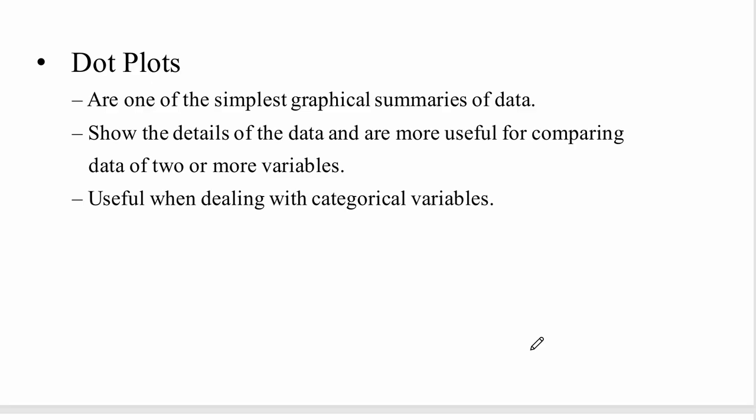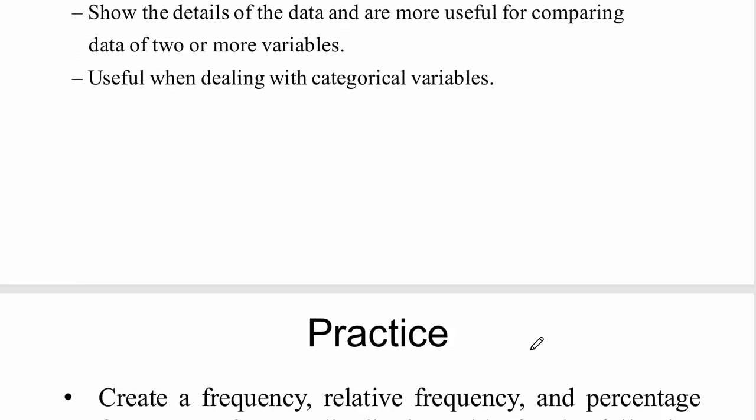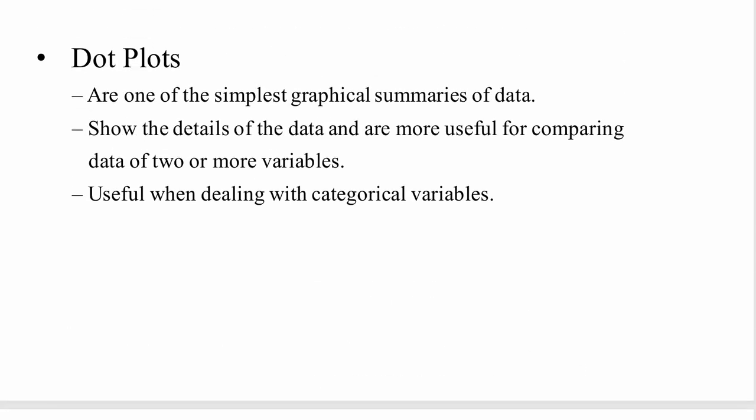Now, the last type of visual representation is the dot plot. A very simple graphical way to represent your categorical data set. Dot plots may look like this. And so again, we could have our one variable like soft drink, and then we could have the count on the other side here.